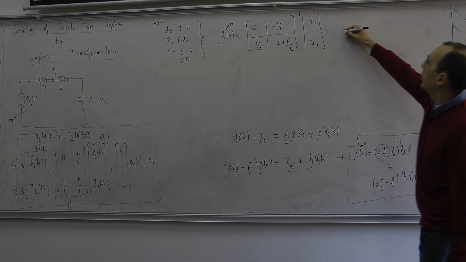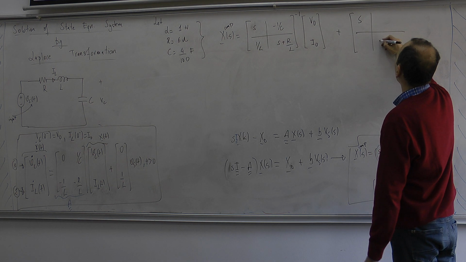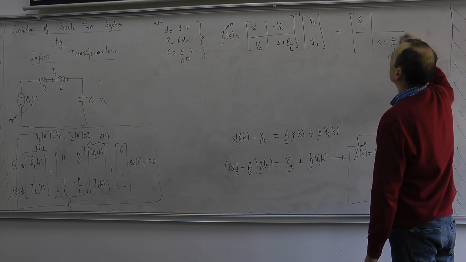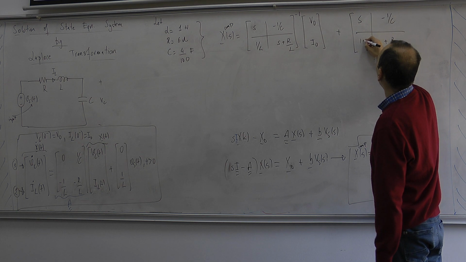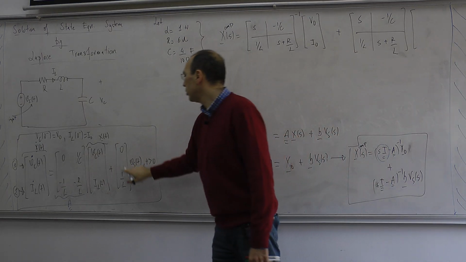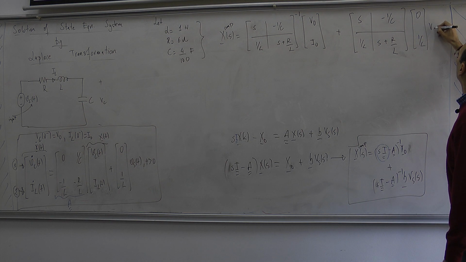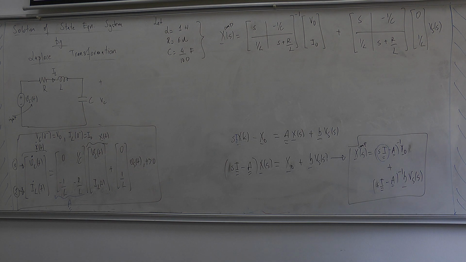And then I do the same thing, the same matrix, and there is this B vector, 0, 1 over L, and Vs of s.